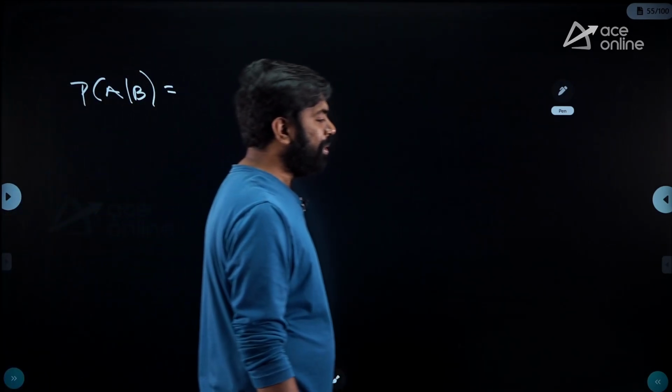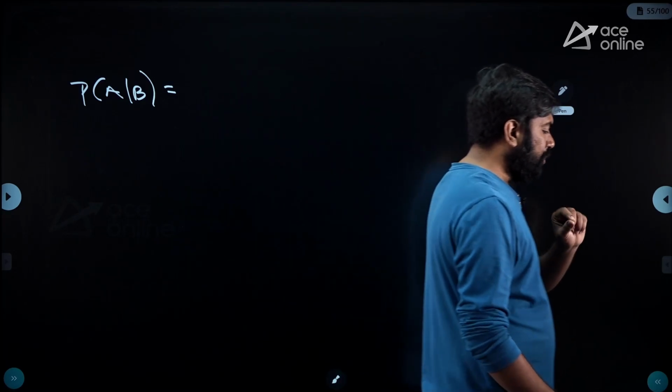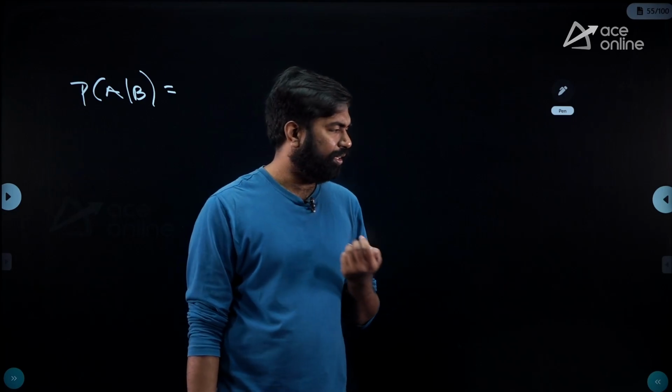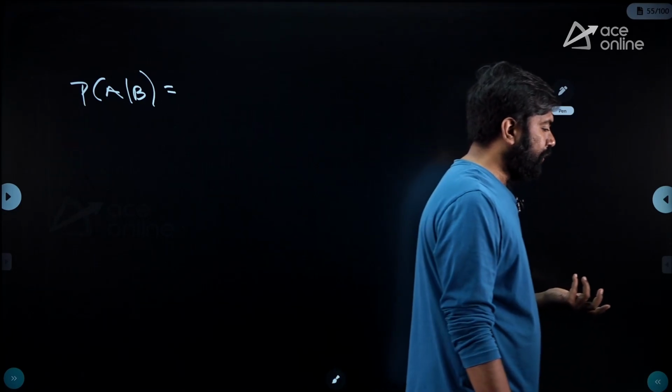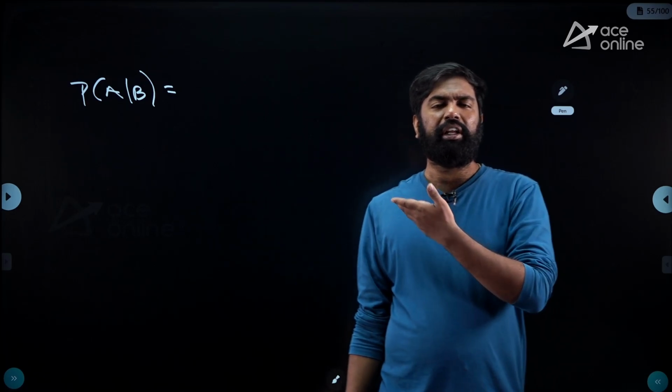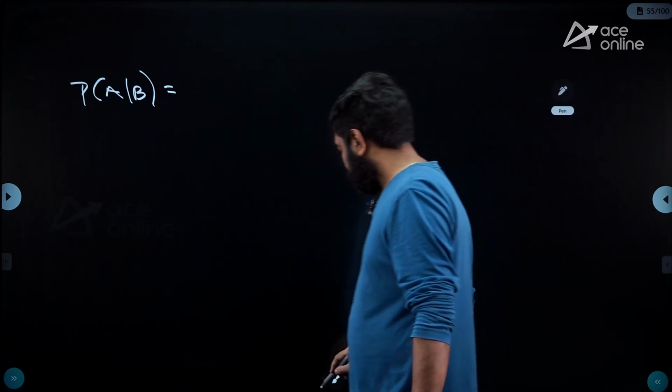So let's see some answers. I asked almost all students whom I taught, how do you read this? Can I get some answers? You people can use the chat section. Come on, read this. So let me read this.